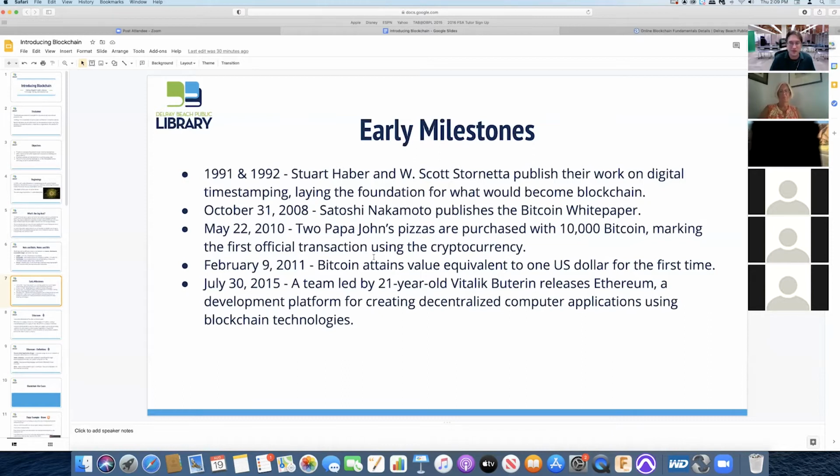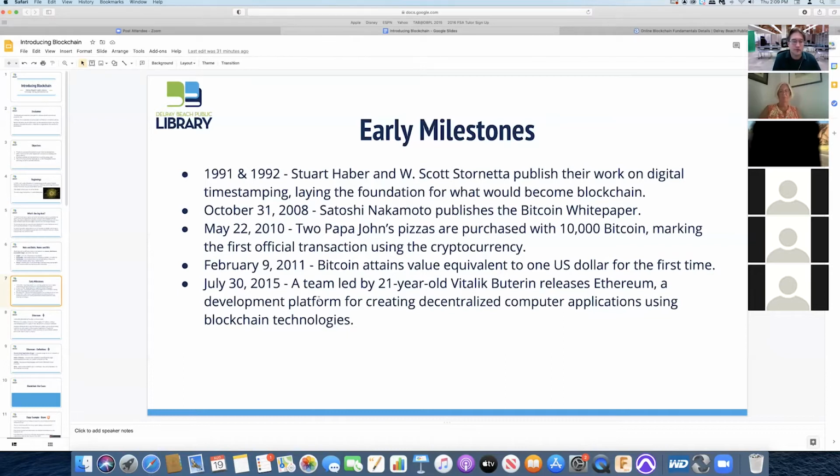There was the Bitcoin bubble and crash of 2017, where it skyrocketed up to $20,000, and then leveled off at around 3,000 to 4,000 for a little while before picking up again, and now it's up to more than double that. I think it's around 45,000 per Bitcoin right now.